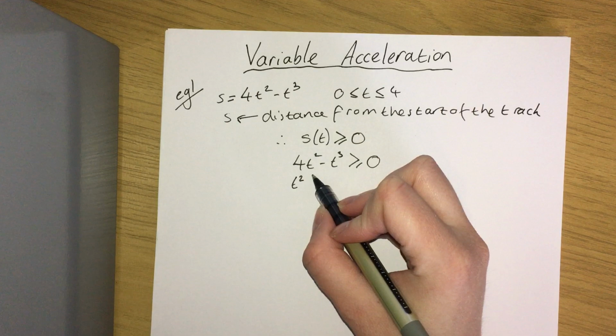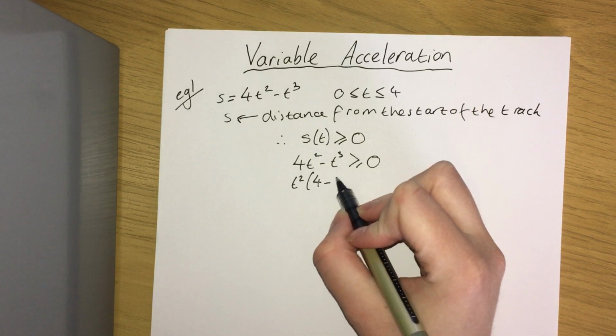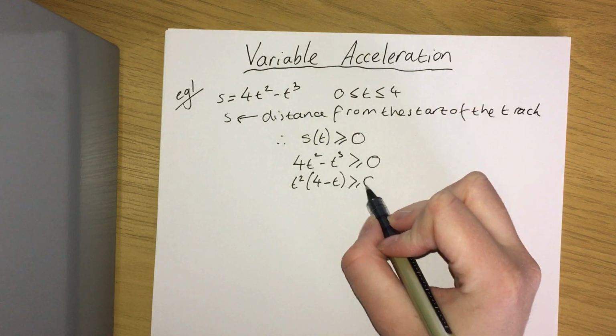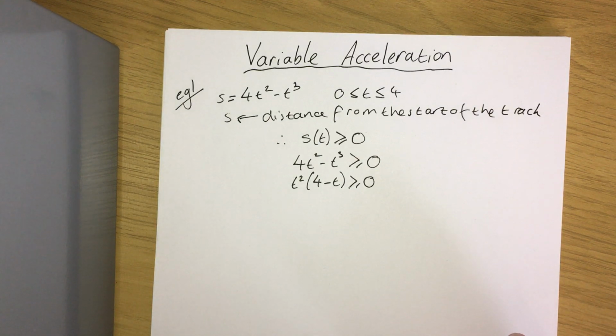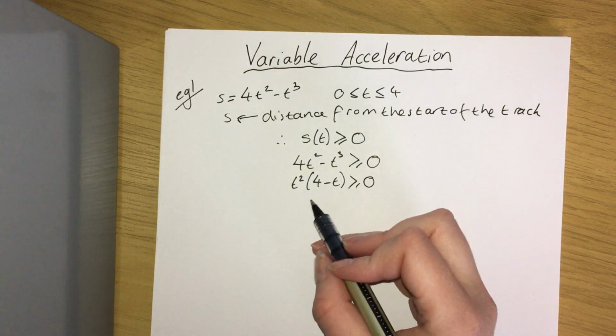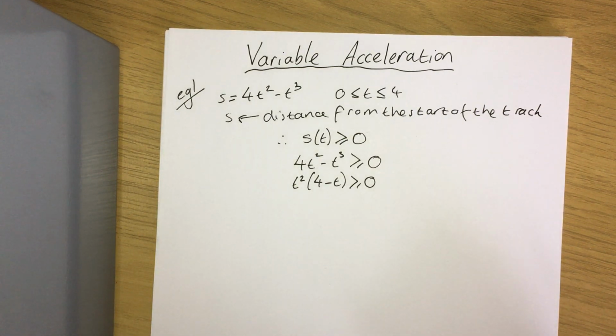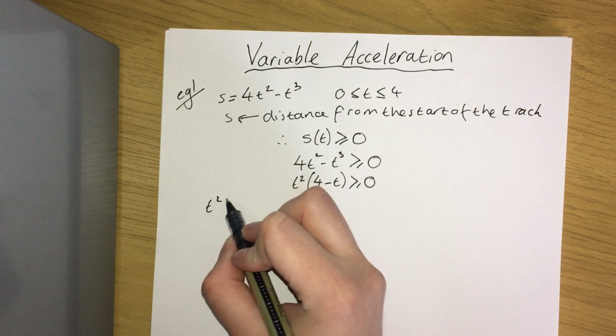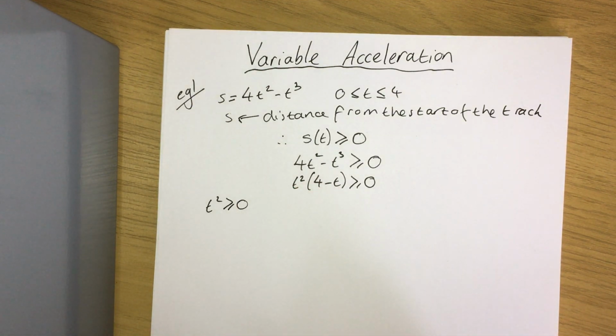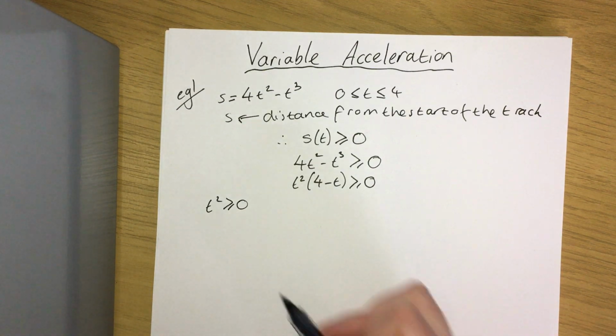Because it's an explaining question, I am going to actually factorise it rather than just solve it on my calculator. If I factorise it, then I can solve the t squared and the 4 minus t parts. So t squared has to be greater than or equal to 0.